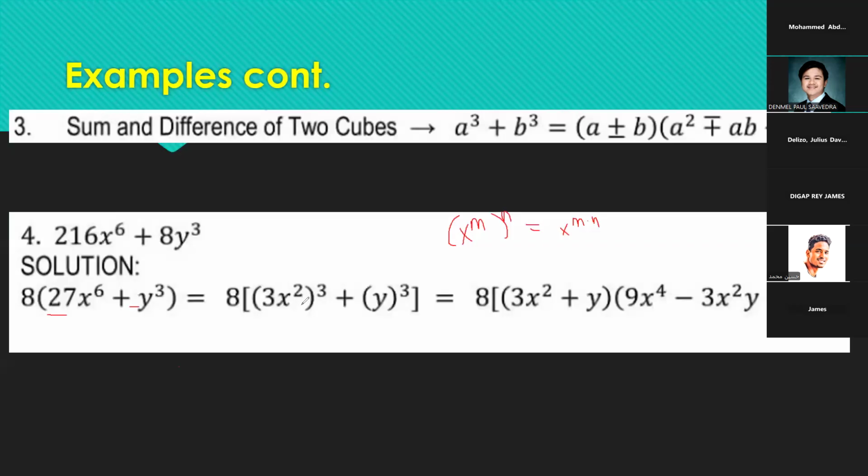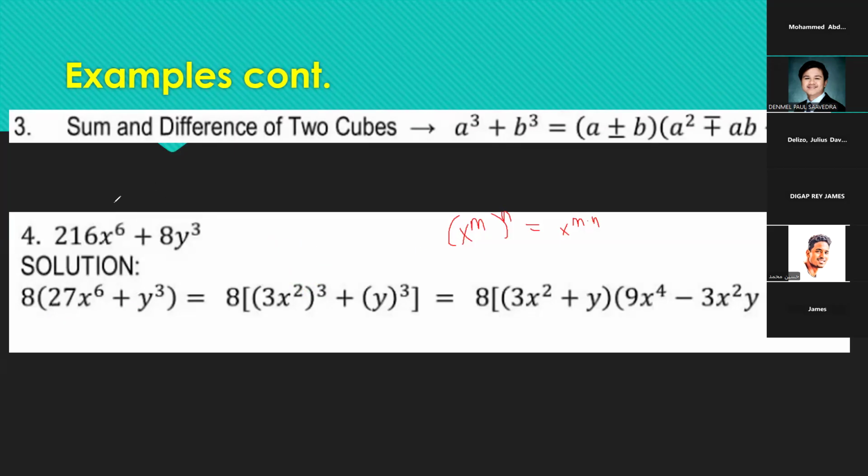Let's check if it's still 27. We distribute: 3 cubed and then x squared times 3. 3 cubed is actually 27, since 3 times 3 is 9, times 3 is 27. So this one is still correct.